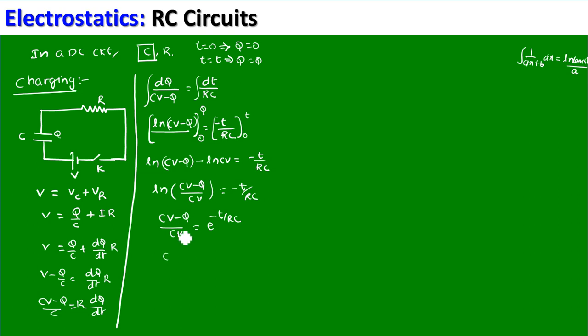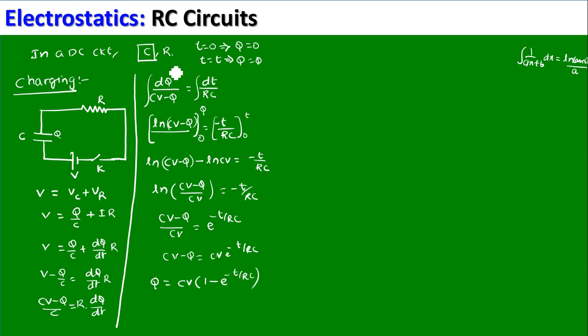Now let me take CV to the other side. Next, I want to find out Q from this equation. Taking Q to the other side, then CV whole term to the left side, and taking CV common, Q is equal to CV times 1 minus e power minus t by RC. This is what you get.